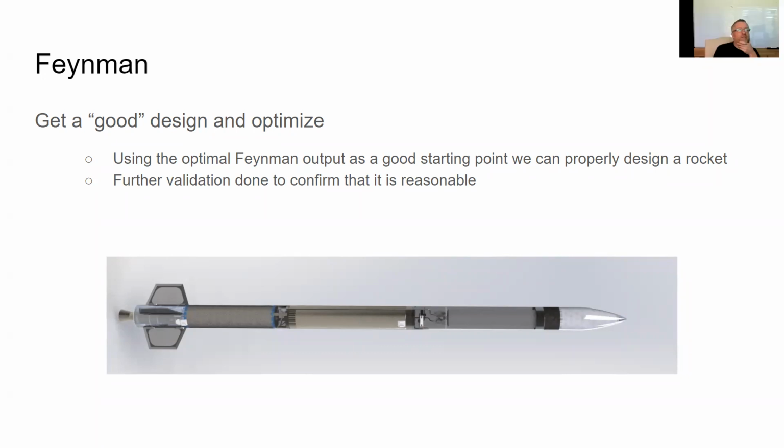What's the ablative coating made of? We're doing some ablative testing right now to figure out what we will actually be using. There are a couple of known things you can use. MDF is actually a pretty good ablative.